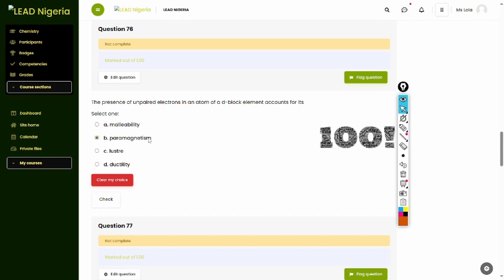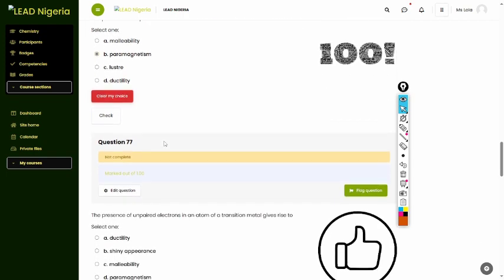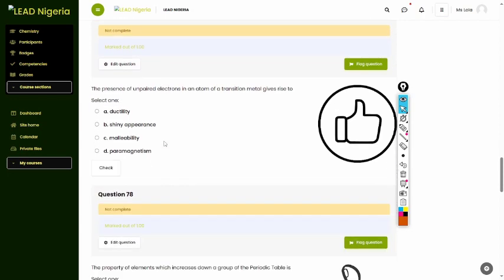And paramagnetism describes the behavior of an atom in the presence of a magnetic field. So an atom with a very high paramagnetic property will become more attracted to the direction of the applied magnetic field, while those with fewer unpaired electrons have a weak attraction to the direction of the applied magnetic field. So the answer is B.